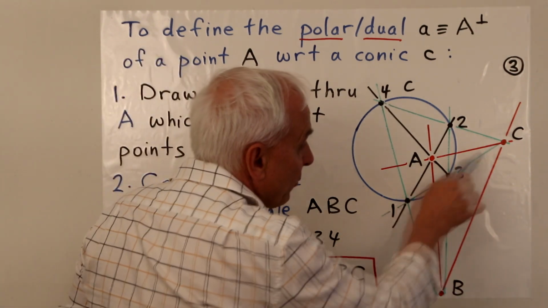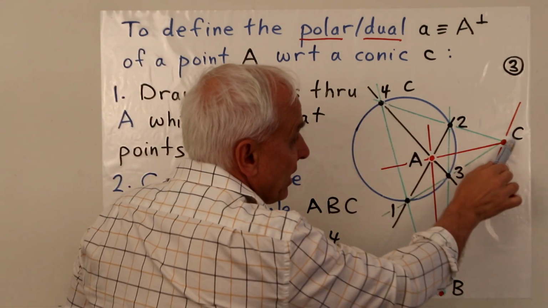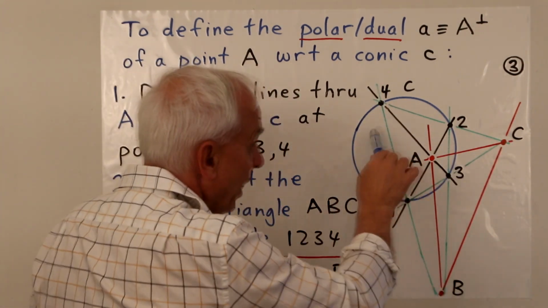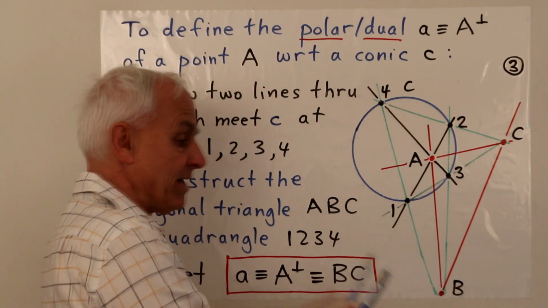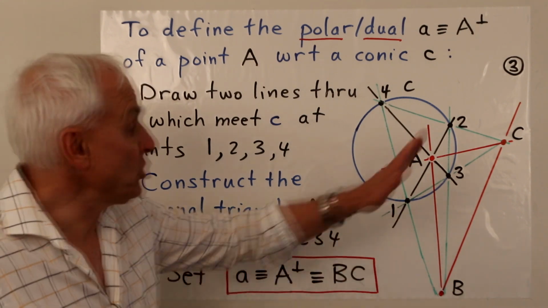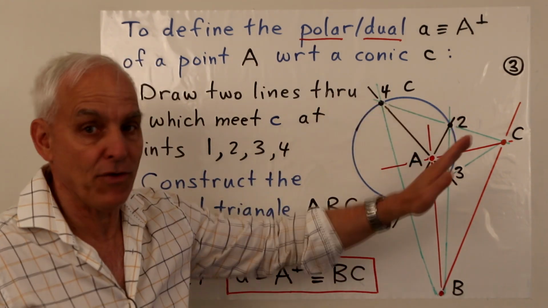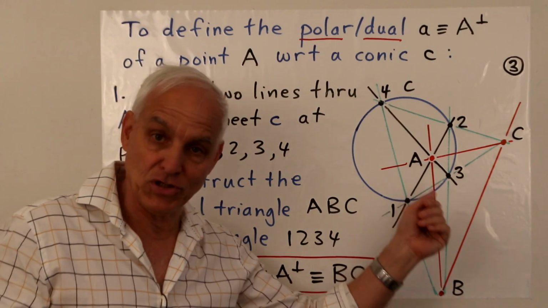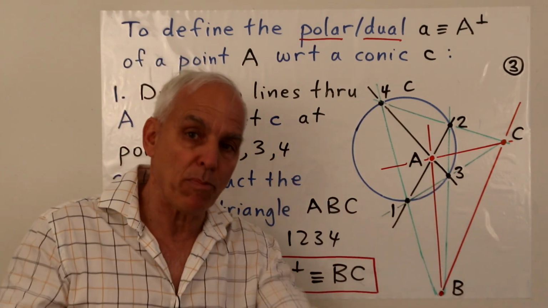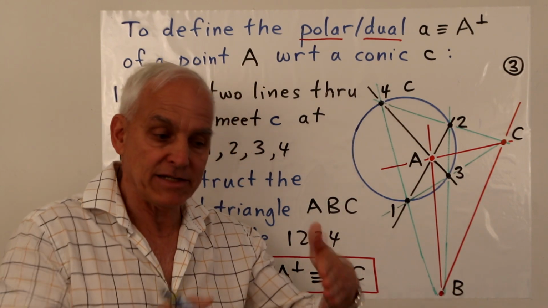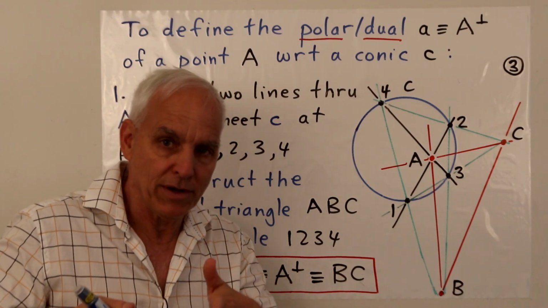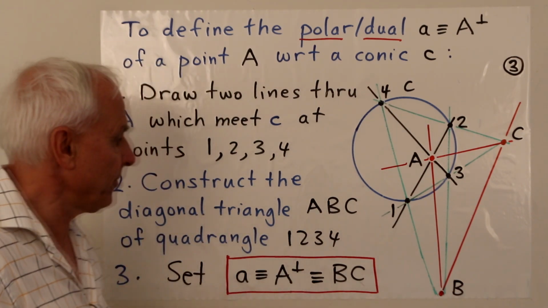The line 1, 3 and the line 2, 4 will meet in an additional point, which we're calling C. And the line 1, 4 and the line 2, 3 will meet in an additional point down here, which we're calling B. The original 2 lines that we started with, well, they're already intersecting in the original point A, which is how we started the construction. Okay, but now we're getting 2 more points, B and C, as the meets of these pairs of new edges formed by the 4 points.